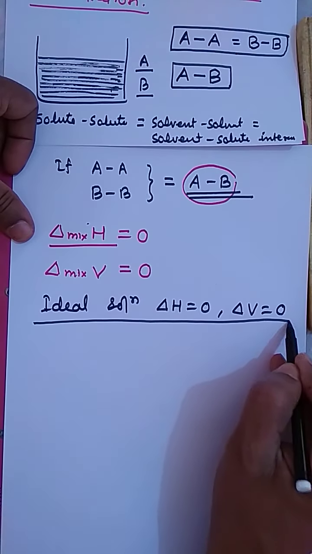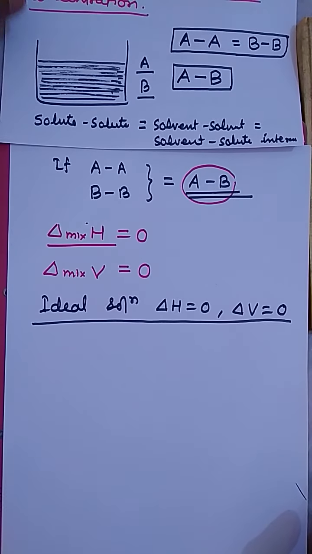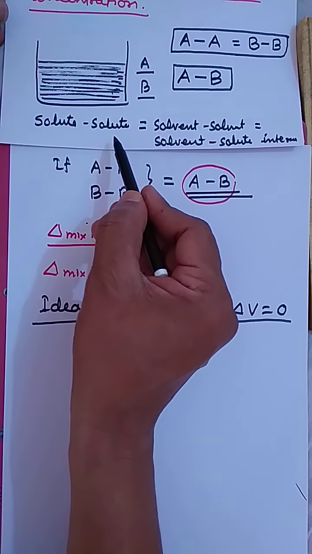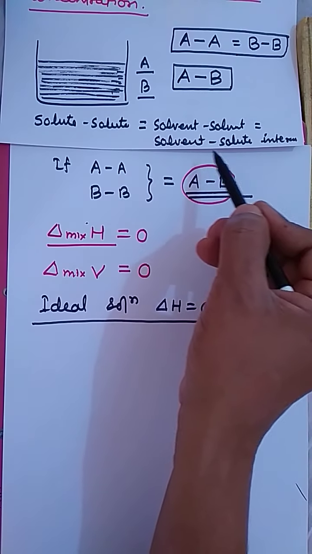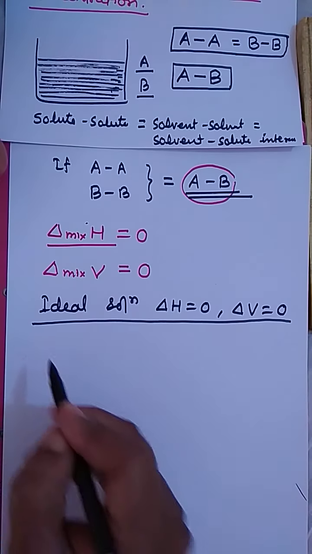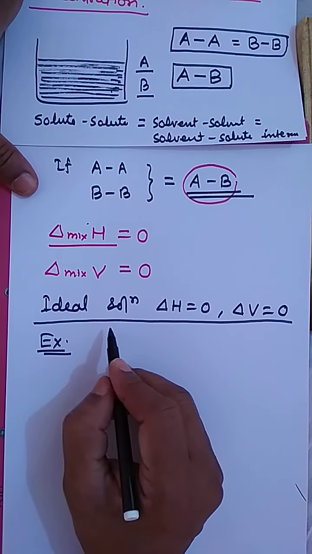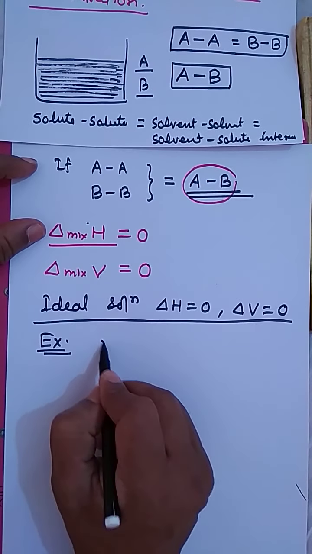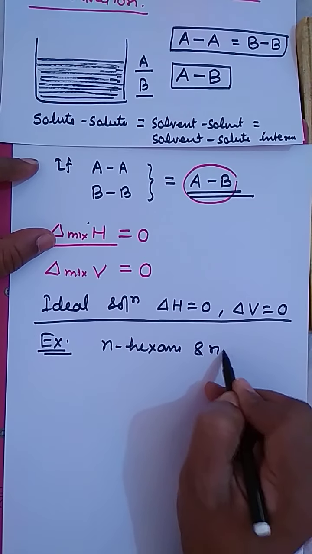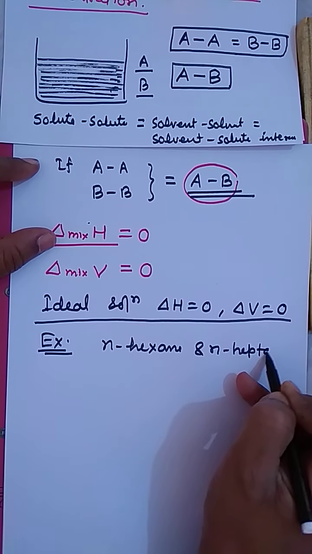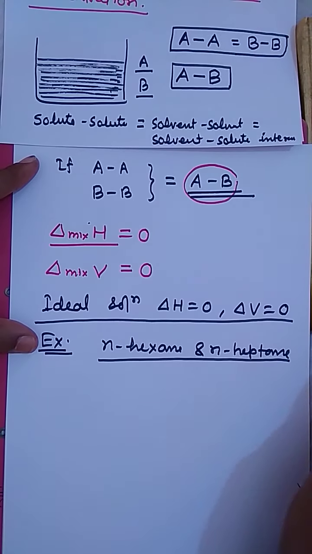So you can define in this way, but most appropriate definition is on the basis of solute-solute interaction is equal to solvent-solvent interaction is equal to solvent-solute interaction. Some examples are there. You can put some examples, right? In hexane, normal hexane and normal heptane, close to ideal solution. No solution is ideal, really.